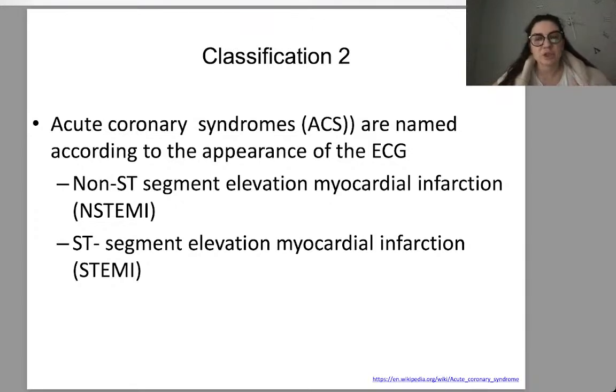Today it is not so specific, because the presence of a pathological Q wave on ECG, which is typical for big transmural myocardial infarction, is not as informative as, for example, the presence of ST elevation. That's why today the more correct classification is ST elevation myocardial infarction, or STEMI, and non-ST elevation myocardial infarction.